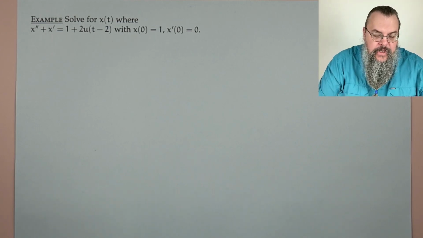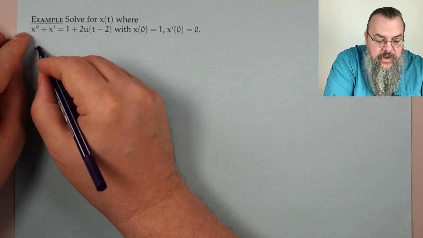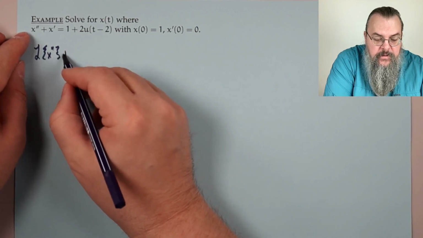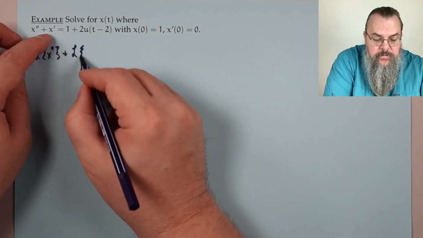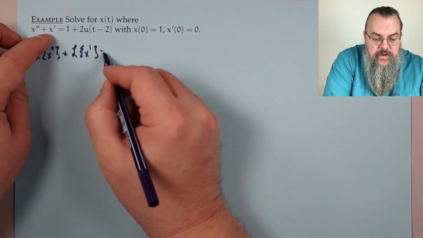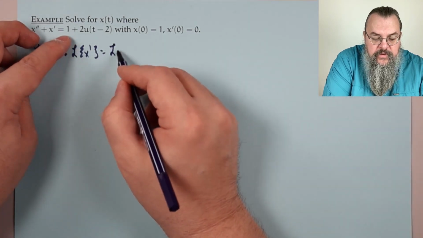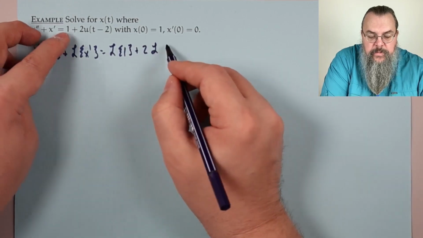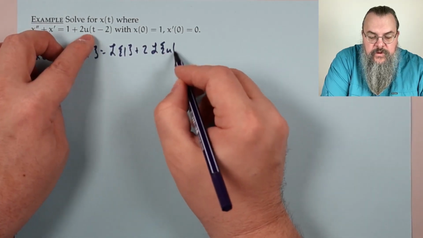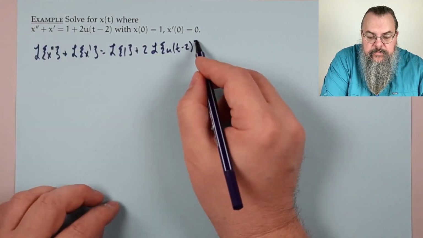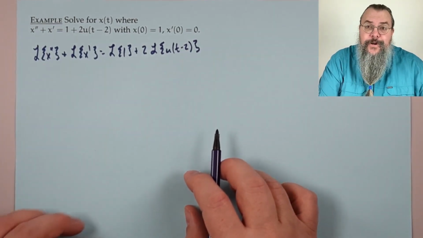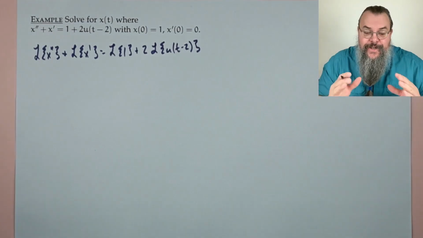So we have the Laplace transform of x double prime plus the Laplace transform of x prime is equal to the Laplace transform of 1 plus 2 times the Laplace transform of u of t minus 2. And of course, you should always have your equation sheet handy.